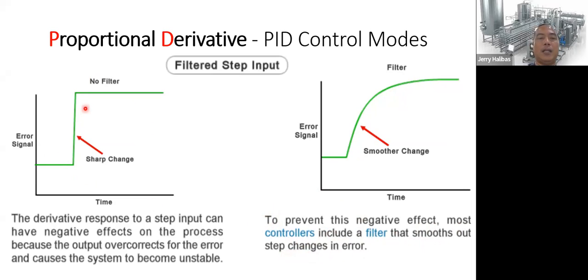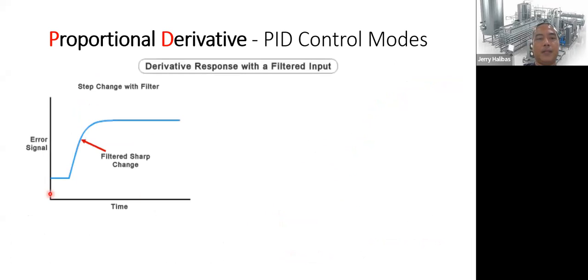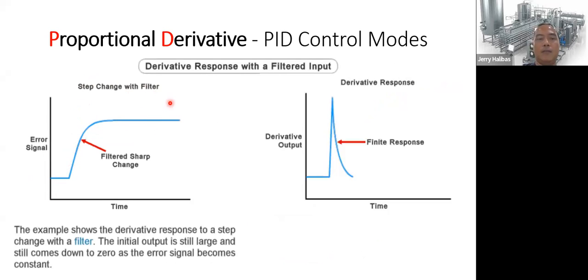If you do this, the step is converted to a smoother shape. So in effect, your step change input now has a filter, and your output at least will not suddenly rise to infinity. It can rise gradually. Okay? So the example shows the derivative response to an input change with a filter.